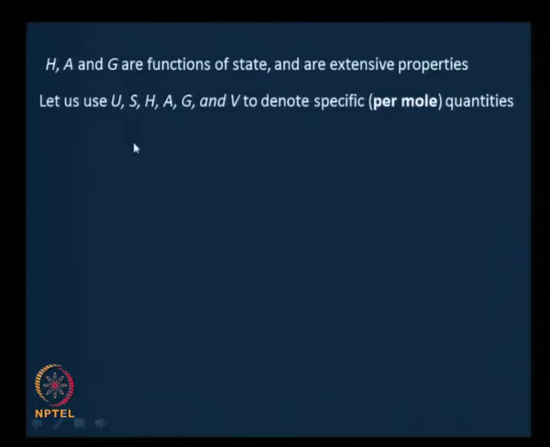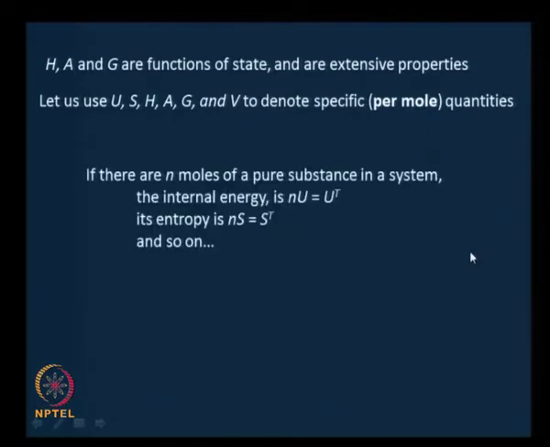And also we said for terminology purposes we will use the lowercase u, s, h, a, g and v to denote specific or per mole quantities, and therefore if there are n moles of a pure substance in a system, the internal energy will be nu, which is also represented as Ut, and I think we finally went with Ut.